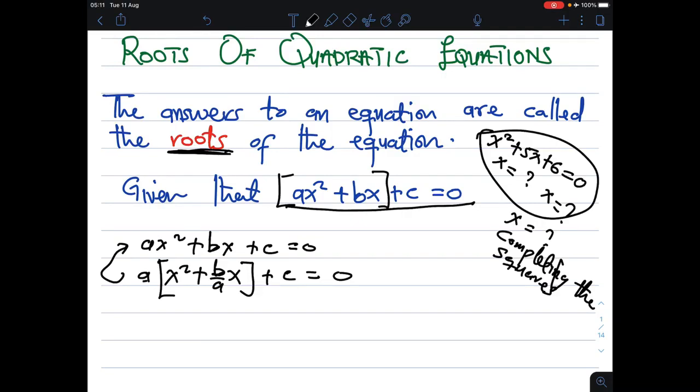Then a times b over ax will give me bx. So that is true. Then the next thing that we want to do within this bracket is to look for the half of the coefficient of x, and then we square it. Now after that, we will add and subtract it so that it will be as if we did not add anything. It's 0. Okay, so that we haven't changed the equation.